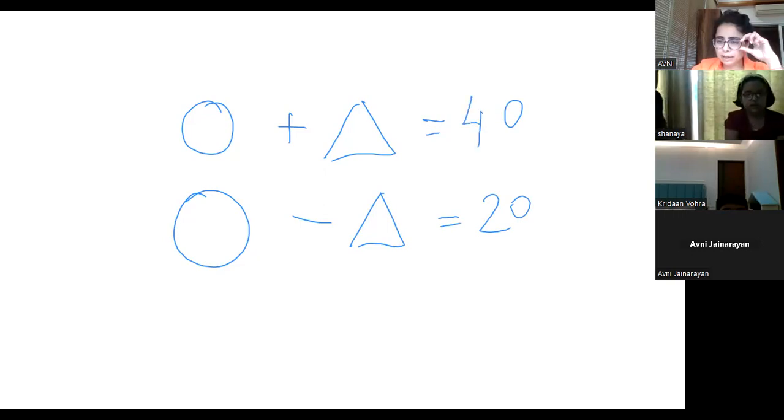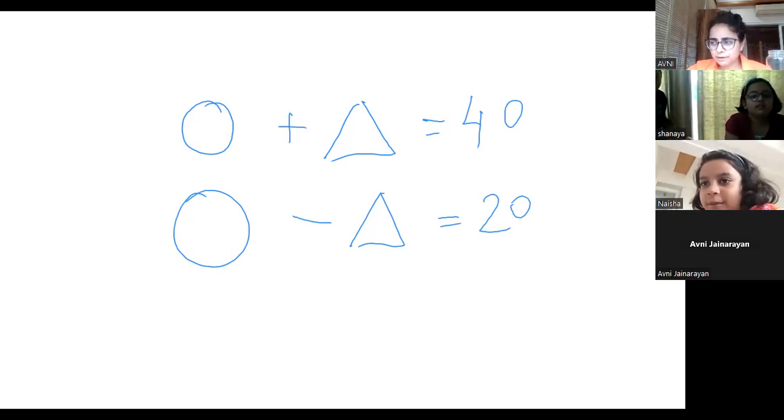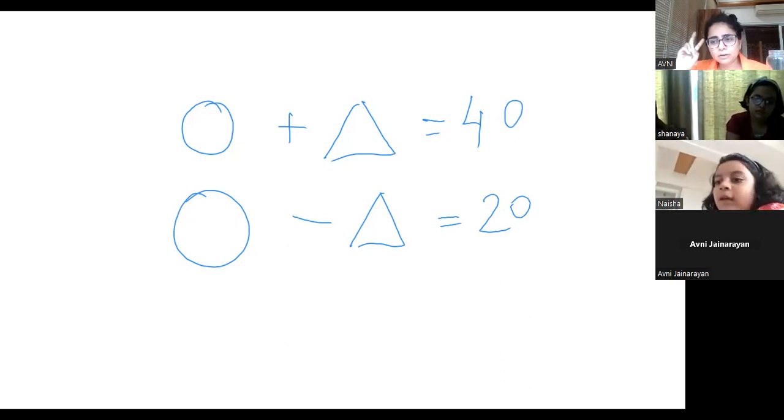Okay, Naisha, are you here with us? Yes. Naisha, now look at the equation, okay? We have a circle whose value we don't know, and we have a triangle, and we don't know the value of the triangle. So how many objects are here? 2 objects. This equation and this one.